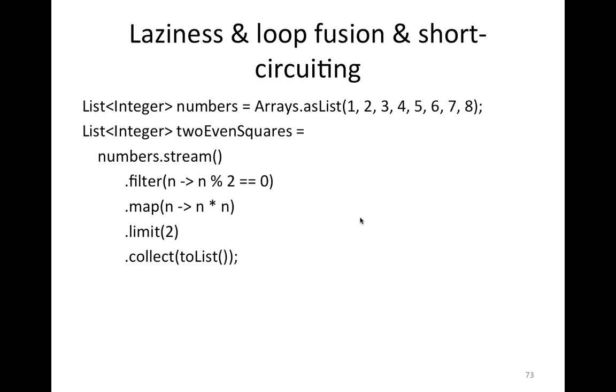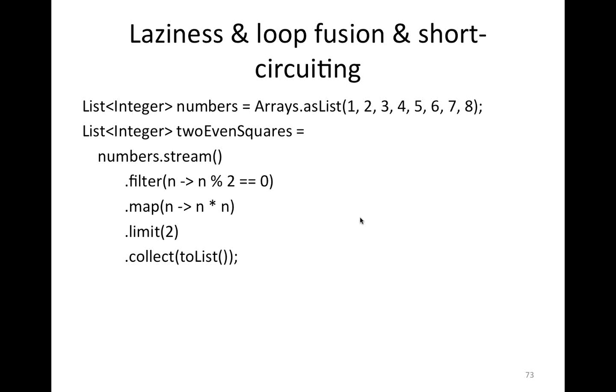We get a stream out of the list by calling the dot stream method. We say, well, we'd like to filter even numbers. Then we'd like to square them, so multiply them by themselves using the map method. Then we'd like to return the first two results, and finally generate a list from them.